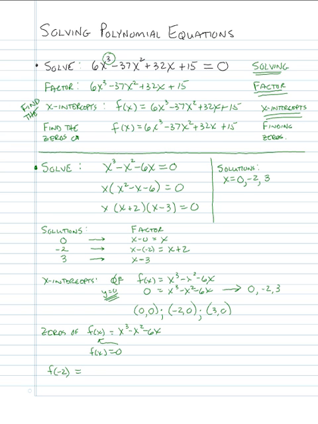Then we have negative 2 cubed minus negative 2 squared minus 6 times negative 2. When we cube negative 2, we get negative 8. When we square negative 2, we get a positive 4. Negative 6 times negative 2 is a plus 12. And when we combine those, we get 0. So the solutions to this equation can also be called zeros of the polynomial function, because when we use those numbers in the function, we get a y value of 0. That ties it all together.